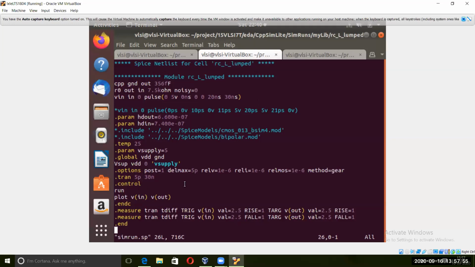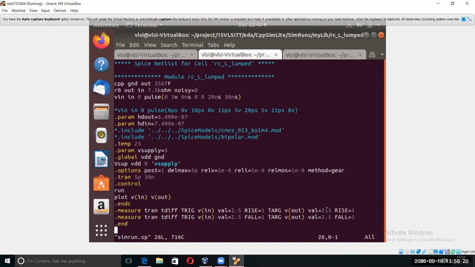Then I've done the run and plot. Then the .measure statement. We are interested in these two, for TPHL and TPLH. First is TPHL, second is TPLH. And we will compare if the TPHL is equal to TPLH or not. In an inverter, what we are doing is the first rise and then fall.